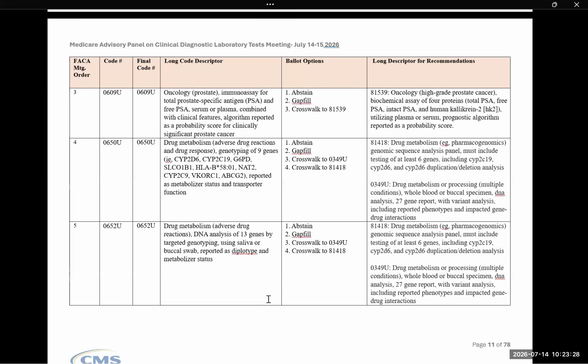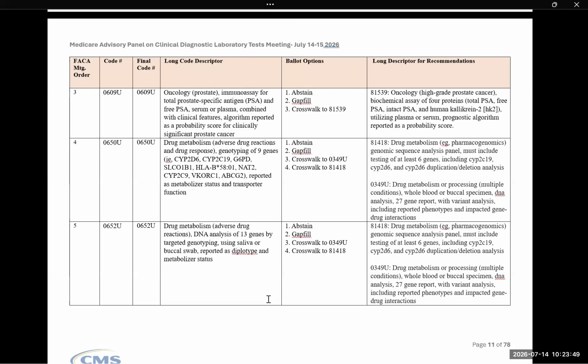The recommendation is to crosswalk to 81418. An alternative is 0349U, which is a RightMed 27 gene next-gen sequencing pharmacogenomics alternative on the ballot.